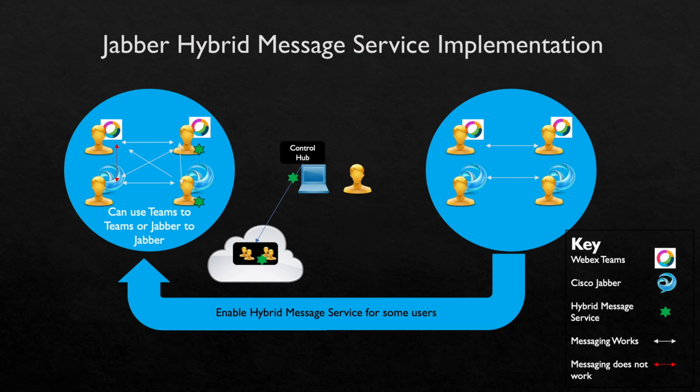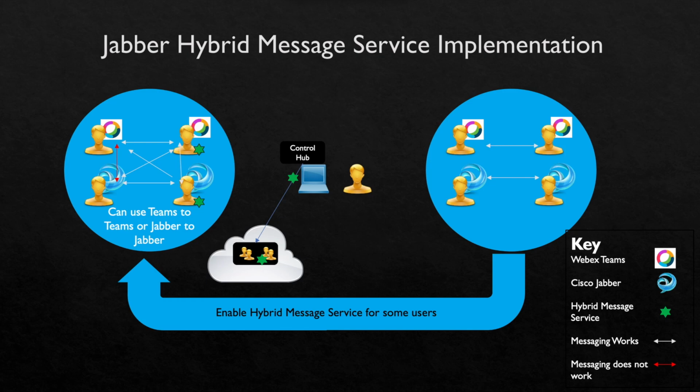Then you have a user who does have the message service enabled, who can use Webex Teams, right here in the top right corner of that circle, and the user who has been enabled for hybrid message service can send messages using Jabber. So these are your 4 different types of users that can send messages. The arrows that you see here are the behaviors that you can expect when they send messages.